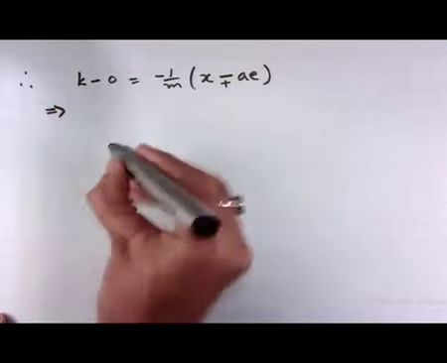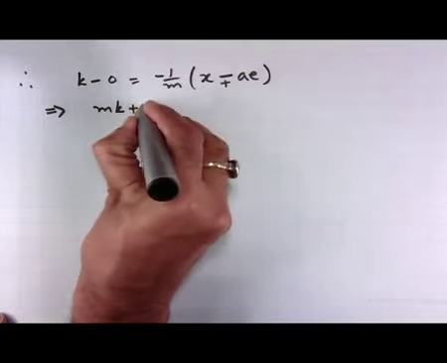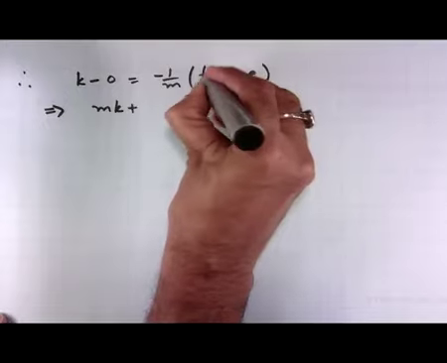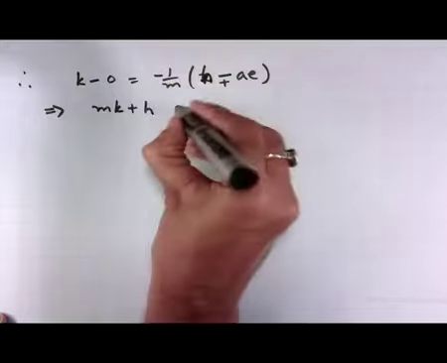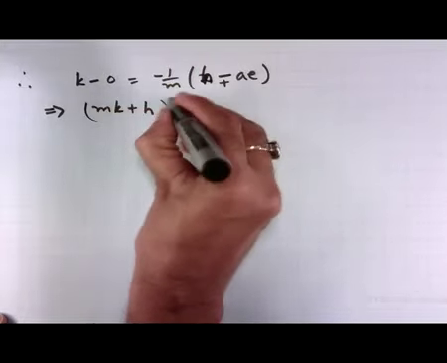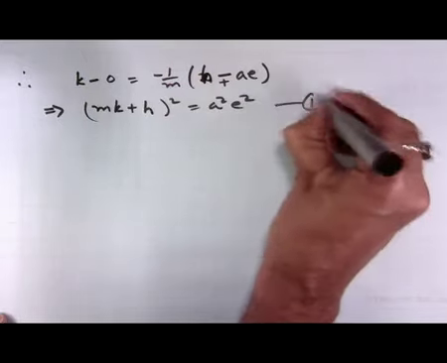This implies m k plus h, sorry, m k plus h whole square is equal to a square e square. This is one equation.